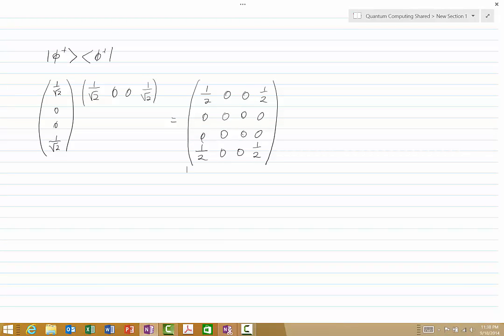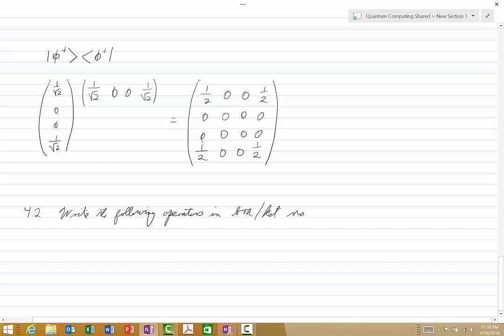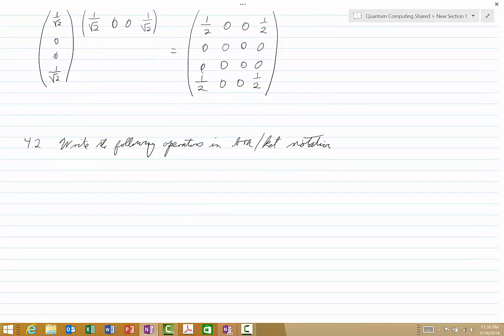In exercise 4.2, the directions are: write the following operators in bracket notation. So let's do a couple of these as well, and then we'll look at some problems for this section.